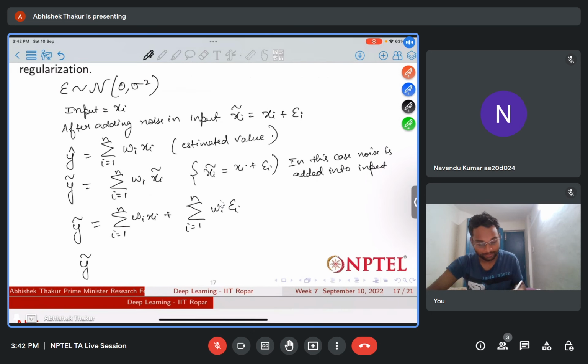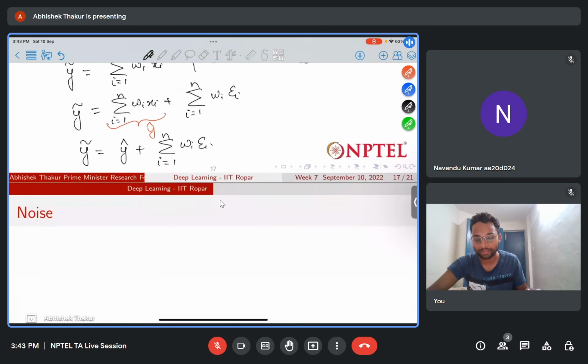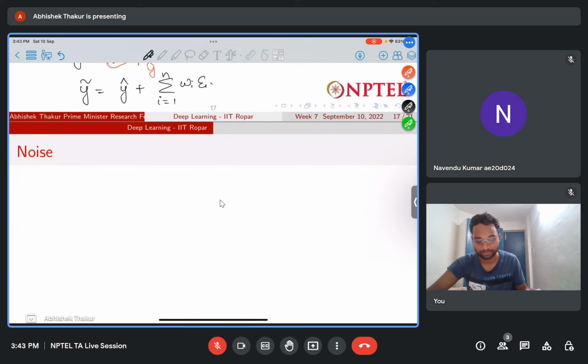This first term is y hat, the estimated value when there is no noise added in the input. So y tilde is equal to y hat plus the summation from i equal to 1 to n of wi ei. Any problem up to this equation? If you have any doubt, then you can ask in the chat box or in the comment section.